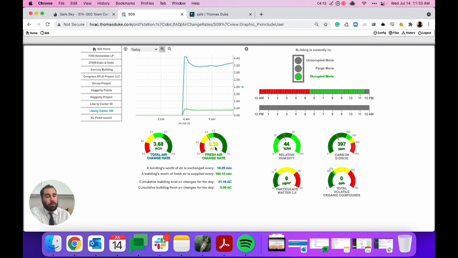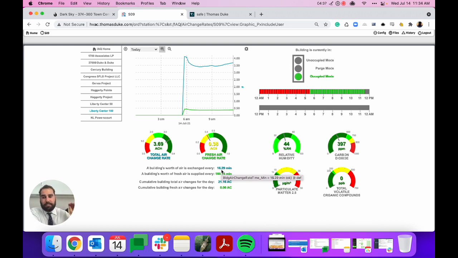So we have 0.38 air changes per hour, which equates to a building's worth of fresh air supplied every 160 minutes. So every 2 3/4 hours, the entire suite is replaced with fresh air. Every 15 minutes, the air in the suite is filtered. We have a lot of air moving through the buildings.